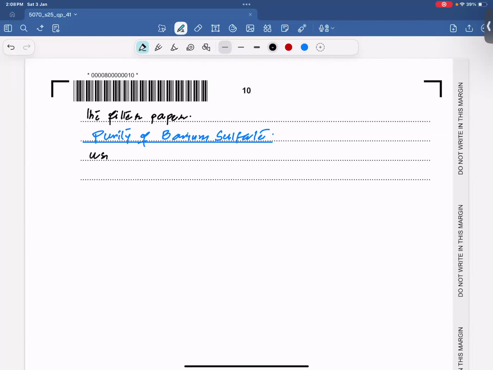Using the melting point apparatus, determine the melting point of barium sulfate.